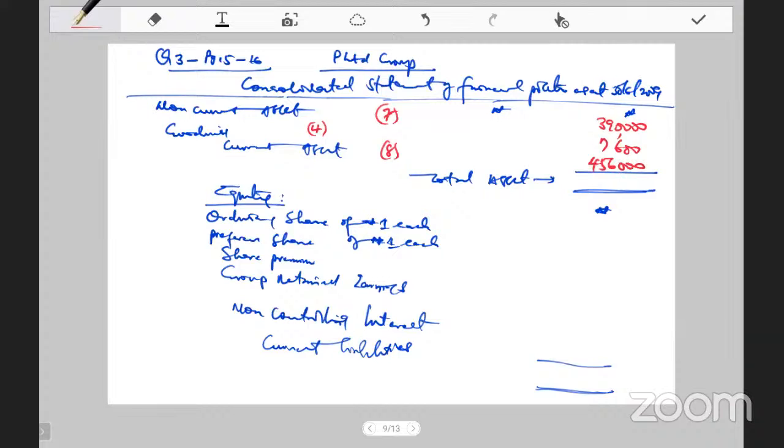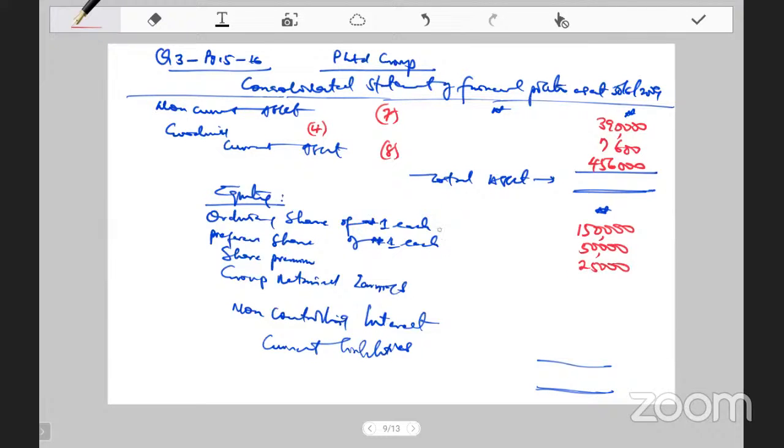For our ordinary share, there's no need beating around the bush. We have it already. That is 150,000. For our preference shares, we only take that of the parent company, and that is 50,000. Our share premium for the parent only is 25,000.